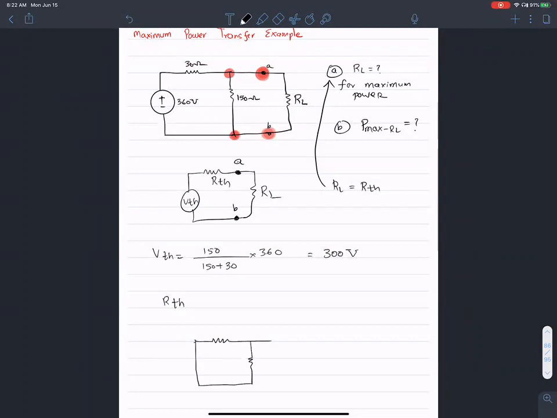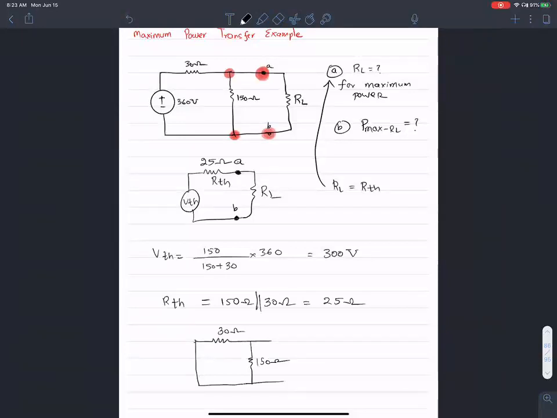Okay, so once I deactivate this source, what I have is 150 ohms in parallel with 30 ohms. RTH is 150 ohms in parallel with 30 ohms, which is going to come out to be 25 ohms. So the idea is now RTH is 25 ohms.